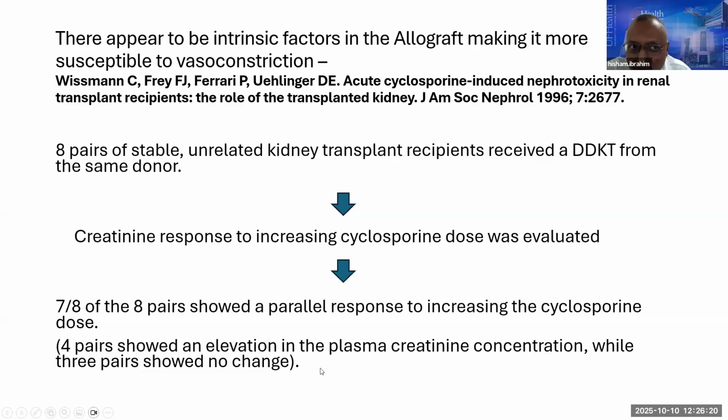So it's clear that there's something intrinsic in the kidney that makes it more susceptible to vasoconstriction caused by CNI. This was the conclusion of the study. It appears that it's more an intrinsic kidney characteristic that makes it more sensitive to CNIs than the recipient himself.